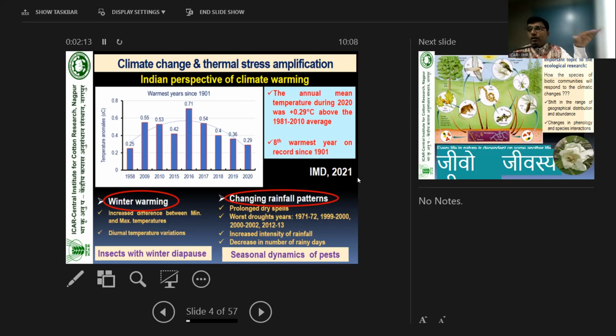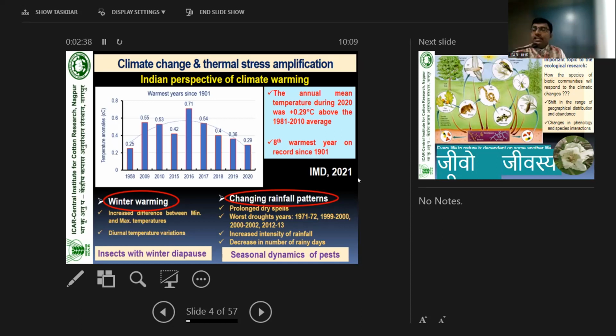Then another thing is the changing rainfall pattern. For the last 20 years we have been experiencing how the pattern of rainfall is changing frequently and drastically. There are prolonged dry spells between two rainfall events. Though the monsoon sets in at the beginning, there is again a gap before the next successive rainfall event, and we have experienced worse droughts.